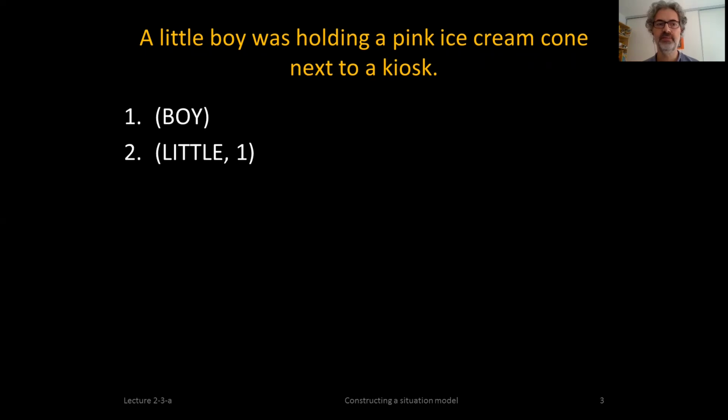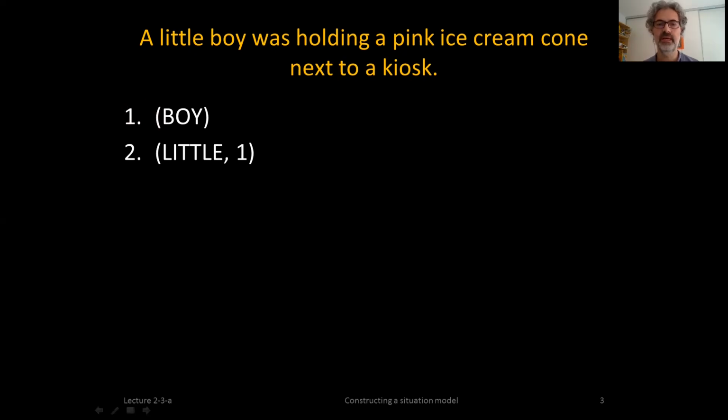So the first thing we do is represent the noun, an entity that is being talked about in the text. And then there is some attribute of this entity that is associated. So 1 is the number of this proposition.